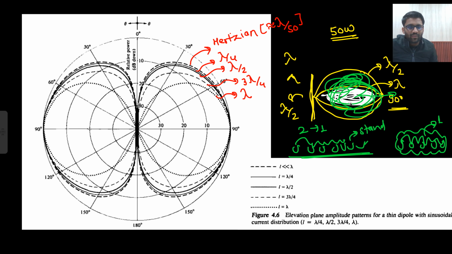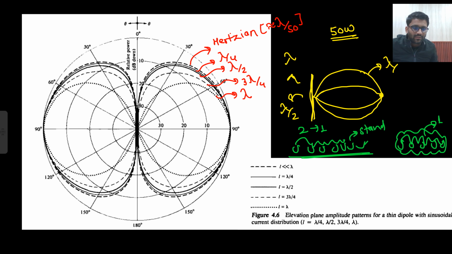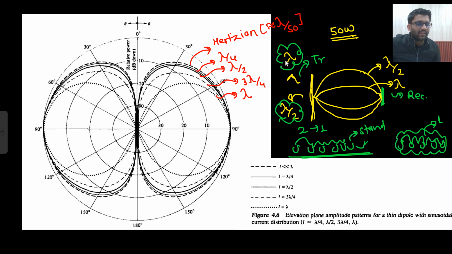What I mean here is that this was your lambda, this was your lambda by 2. This was your transmitting antenna, and this is my receiving antenna. Now I know that from the transmitting antenna I am receiving 50 watt power. Even if you take the lambda by 2 length antenna or the lambda length antenna, in both cases the transmitting antenna is radiating 50 watt power.